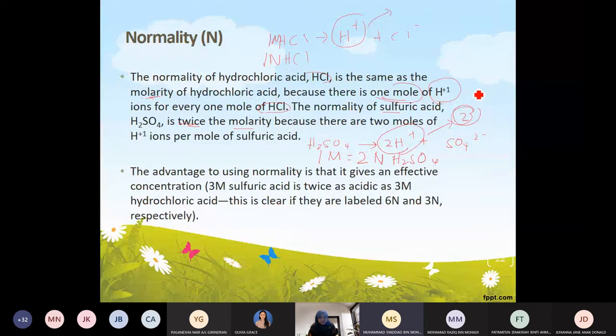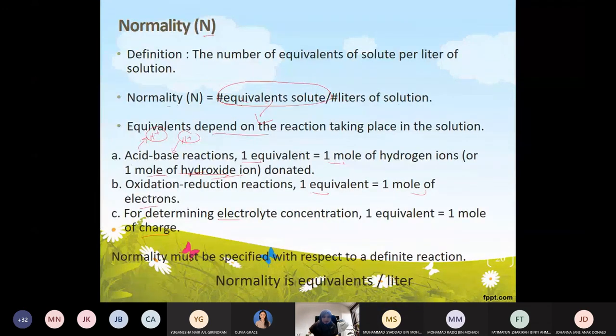So it depends on the proton. Yes. Depends on number of equivalent. If you go back to the definition tadi, ni equivalent. So for acid, dia hydrogen ion donated. Kalau dia redox reaction, dia akan depends on electron pula.